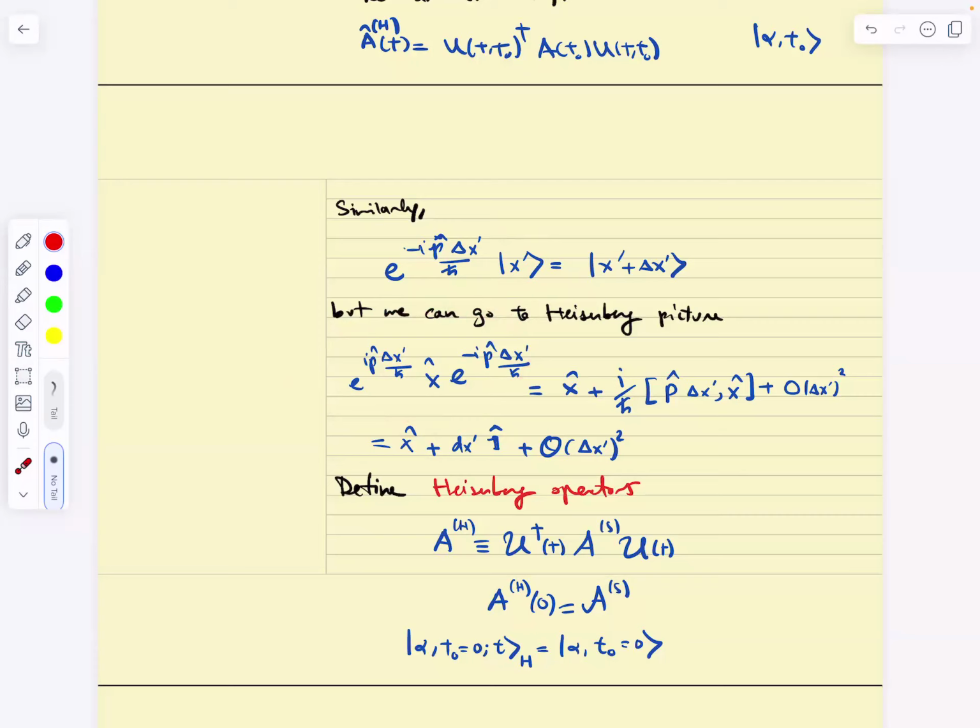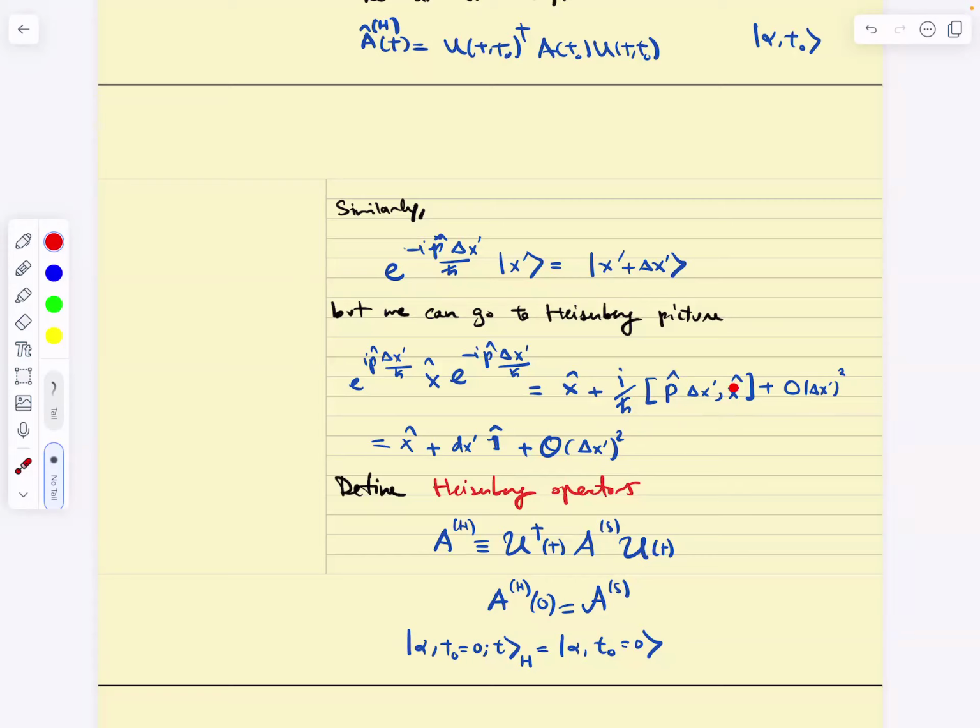So now you could talk about x being sandwiched with the translations from the right and translations from the left. Then you could expand this. If delta x prime is small, is infinitesimal, you could expand this relation to first order. You get x hat. To first order, you get the commutator of p hat delta x prime with x, and then higher orders.